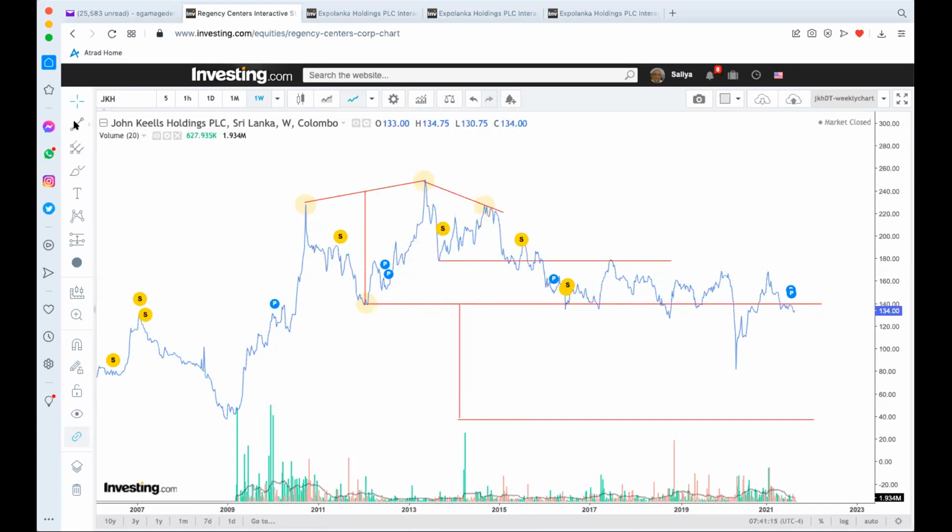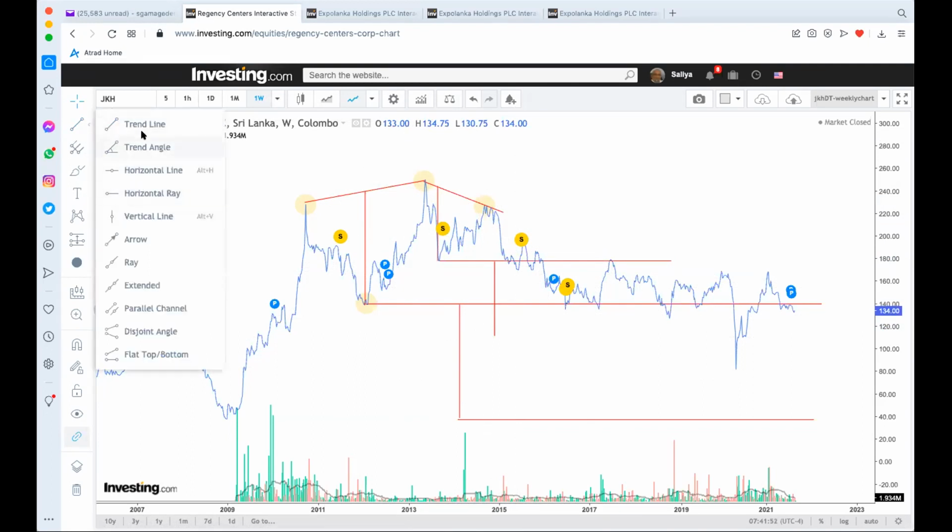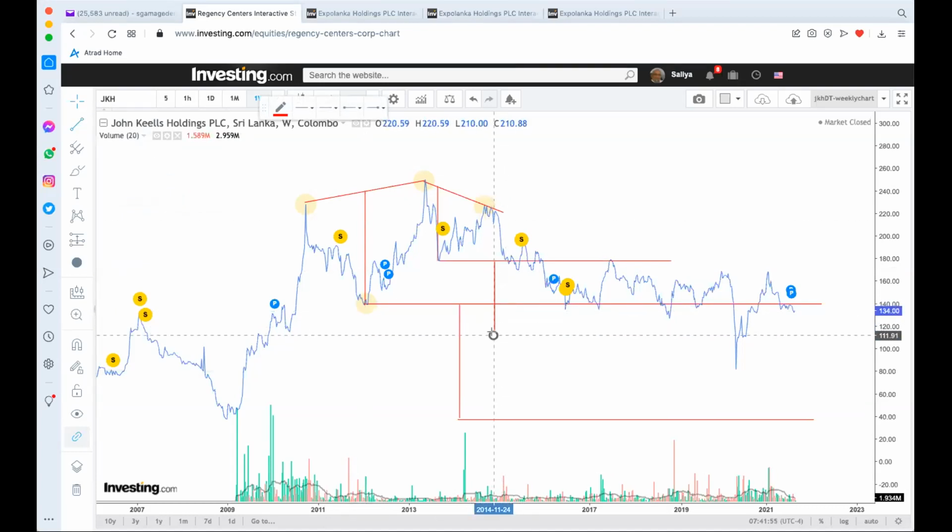So in the case of the projection, we will make use of a vertical line by connecting that low and going straight up to connect the line connecting the 2 points. Clone it and bring it down to this level and figure out that value. It's at 110.80.